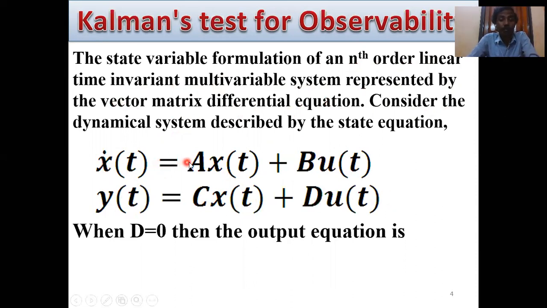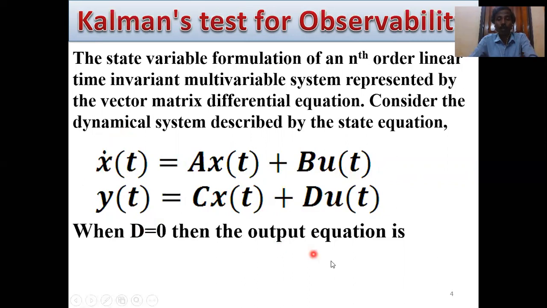Why is it called the state equation? Because the left hand side has only differentiation terms and the right hand side is free of differentiation terms. This is the output equation: y of t equals C x of t plus D into u of t.